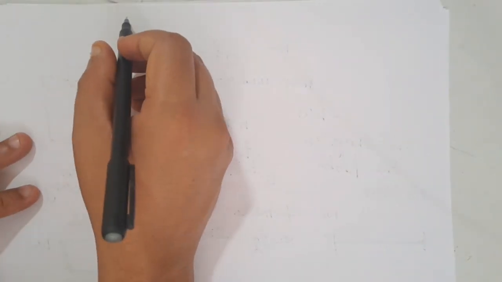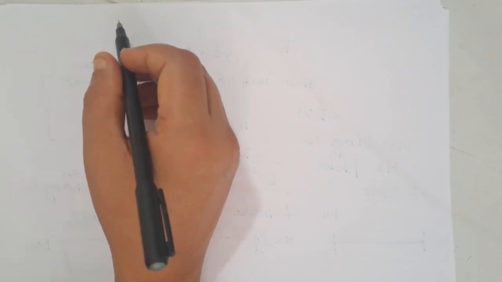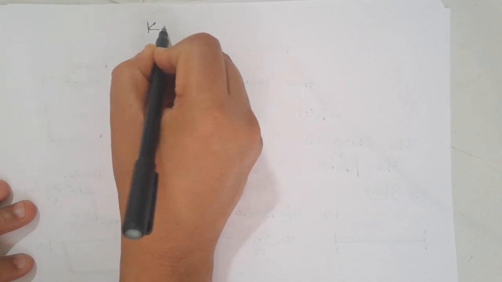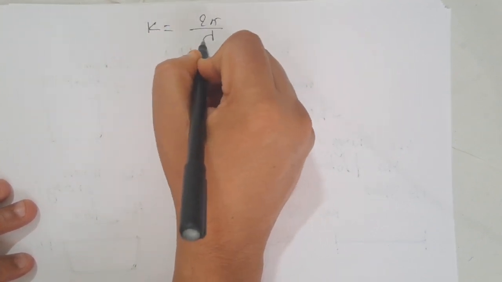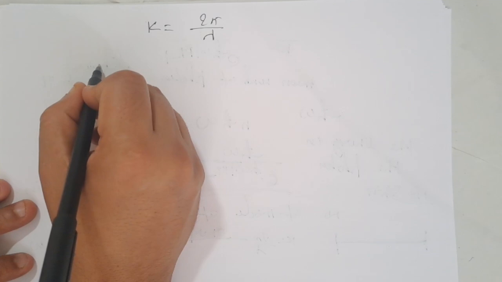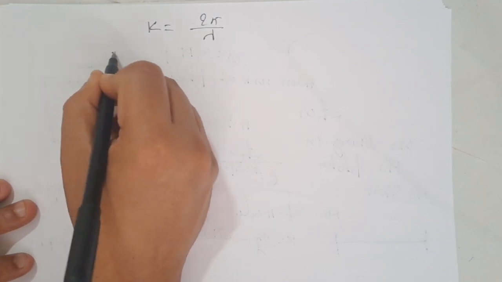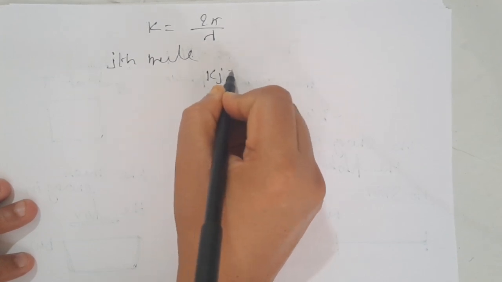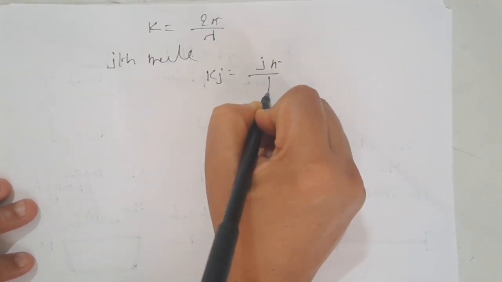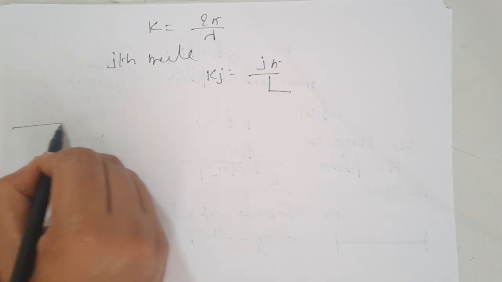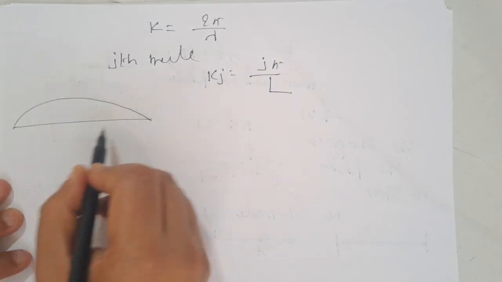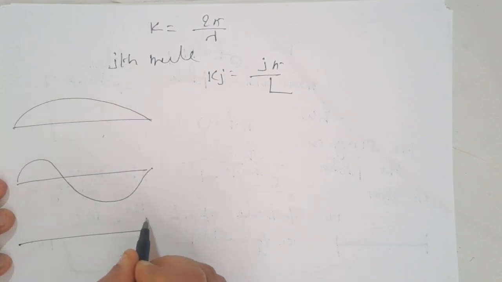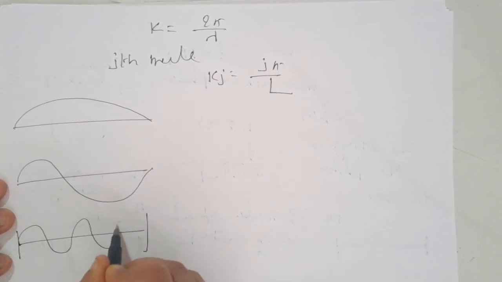So for the number of modes, first of all we have to find the wave number. Wave number k is, we know, 2 pi by lambda. The wave number for the jth mode will be kj = j pi by L, and here this is one mode, this is 2, and this is for multiple modes.